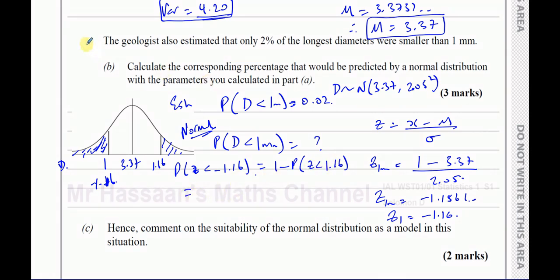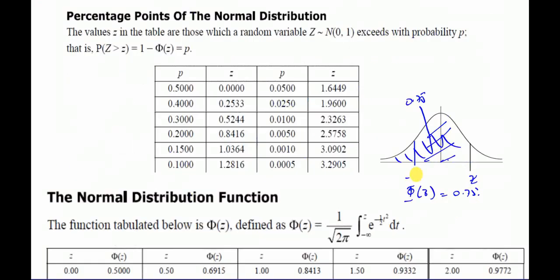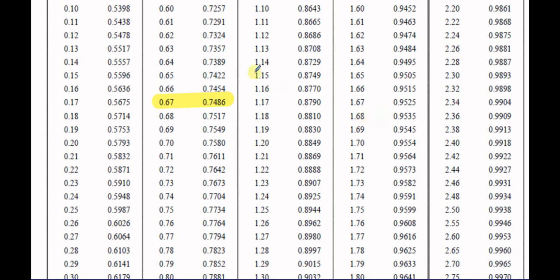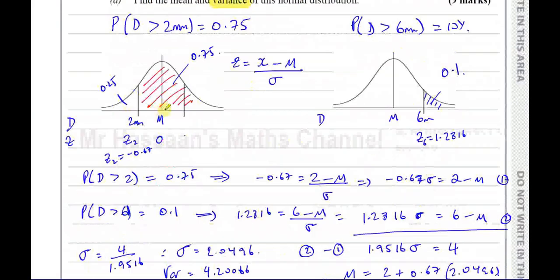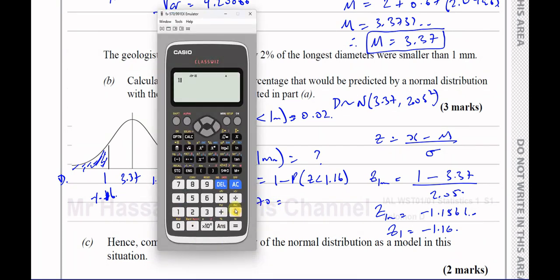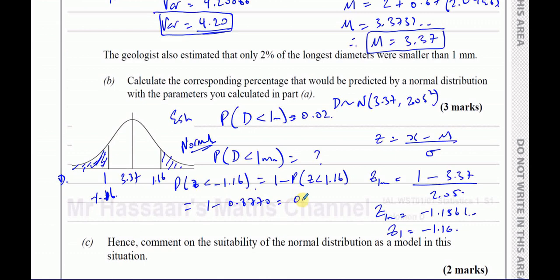So now I go to the big table and look for Z as 1.16. 1.16 is right here, and it's 0.8770. That is the percentage to the left of that. So 1 minus that is our answer. 1 minus 0.8770 gives us 0.123.